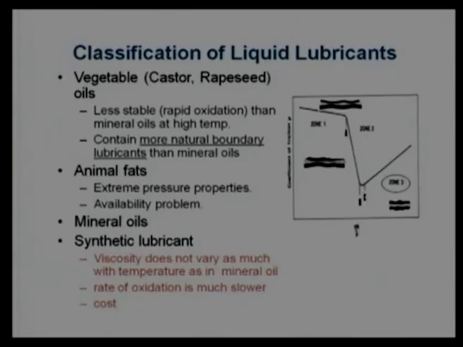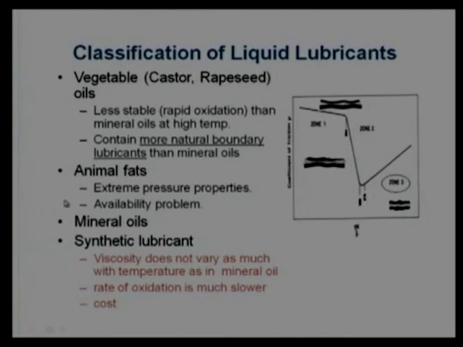Intentionally we cannot do things. Very positive point about animal fats is extreme pressure qualities. They can sustain very high pressure. That is why they can be used as EP additives.